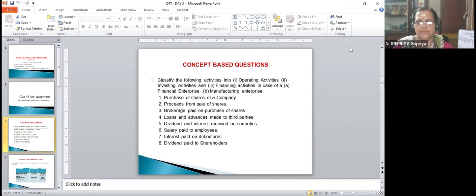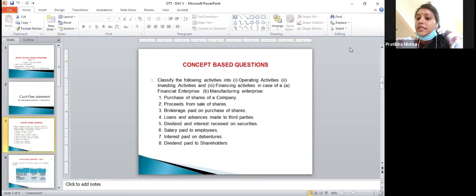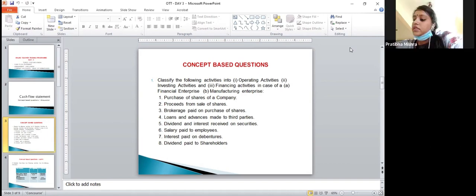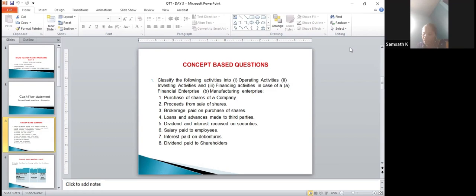The next, loans and advances. Loans and advances made to third parties are always operating activities as far as a financial enterprise is concerned. Then dividend and interest received.